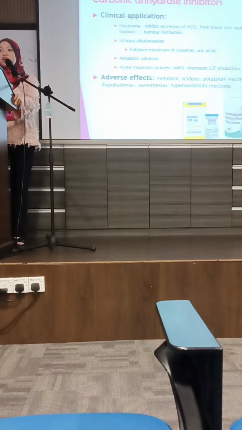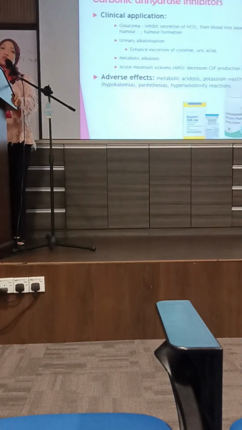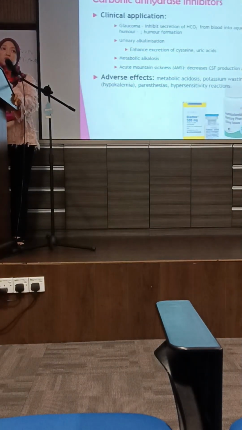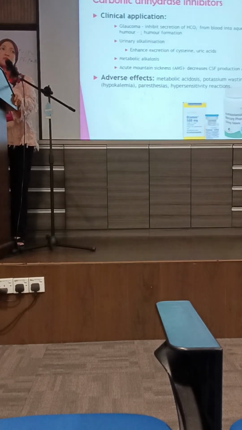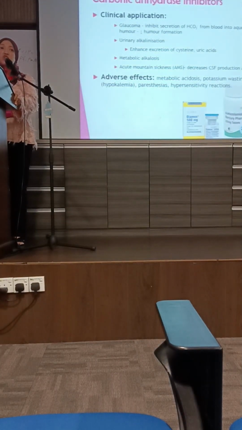Okay. And then in metabolic alkalosis, because it inhibits reabsorption of bicarbonate, it promotes more bicarbonate loss, so we can use it to treat metabolic alkalosis to make the blood more acidic. And then for acute mountain sickness, those climbers take carbonic anhydrase inhibitors as prophylaxis, because climbers are prone to have a sudden drop in the blood pH.